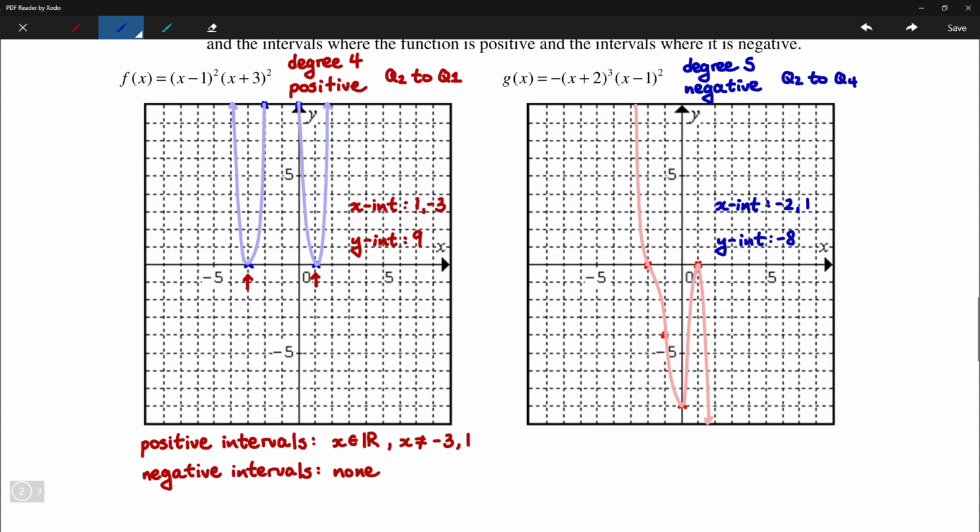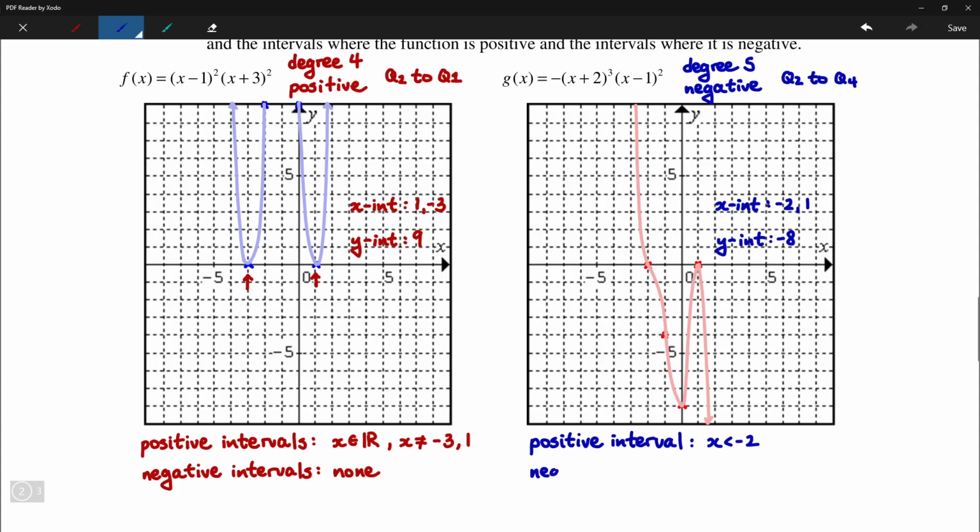Okay, next up is the positive and negative intervals. So positive intervals, there's only really one of those, and that is when x is less than -2. It doesn't include -2 itself, of course, because if x were equal to -2, then g of x is 0, and that would make it not positive.